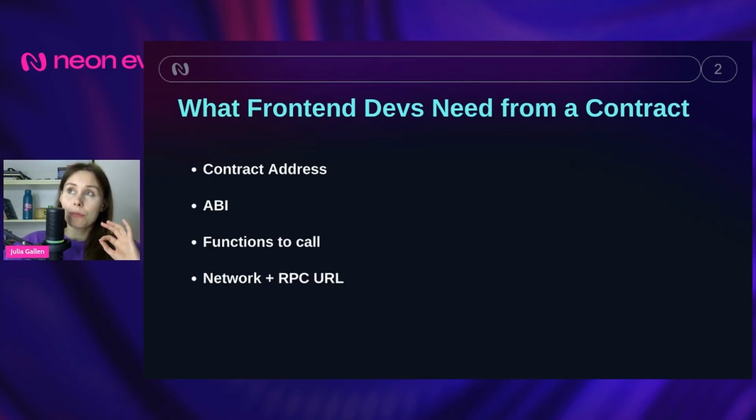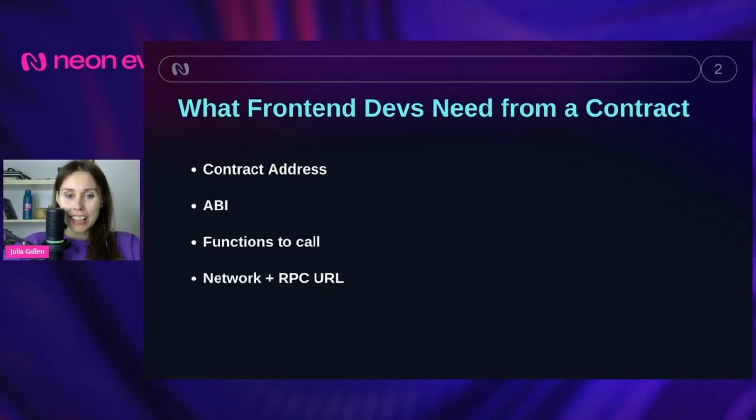It is important to note here that we don't really need to know all the functions that are used in the contract, only the ones that are used in our UI.